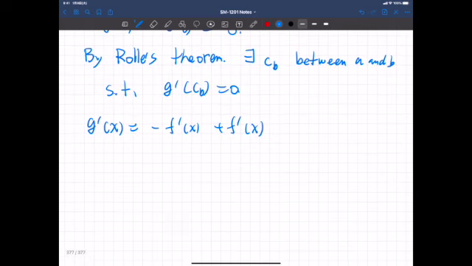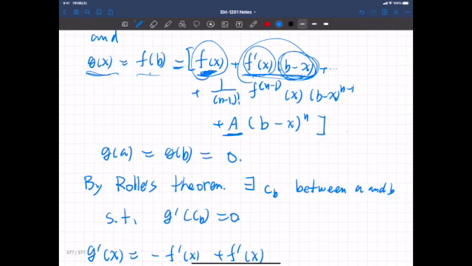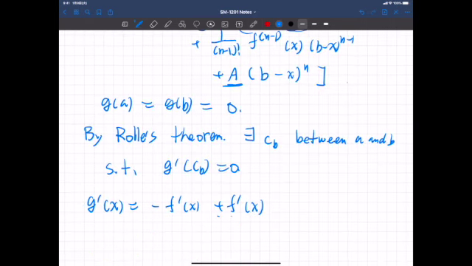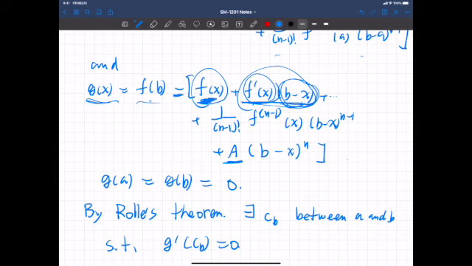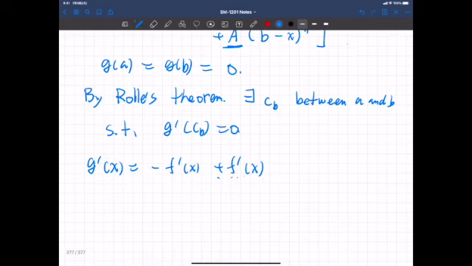Okay, so with this negative sign, we have positive f prime. And from differentiating this part, we have minus f double prime of x times (b - x).